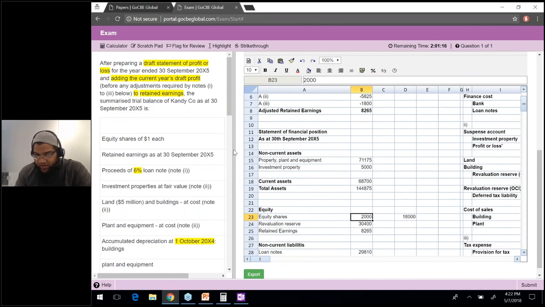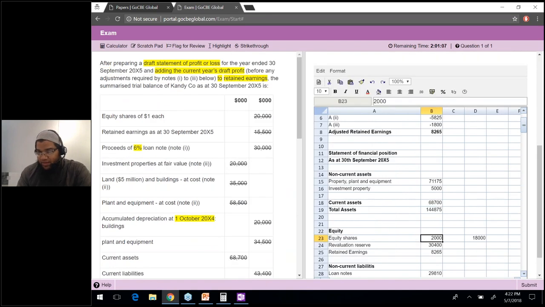This was 20,000 and we have written 2,000. Here's the difference of 18,000. So if I make it 20,000, our final accounts question is actually balanced. So if you are following the rule of double entry, it is not possible that your balance sheet should be out, other than any typing error or any calculation error. So this was the first question.